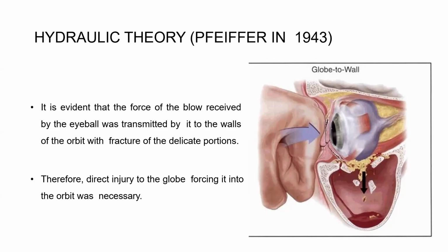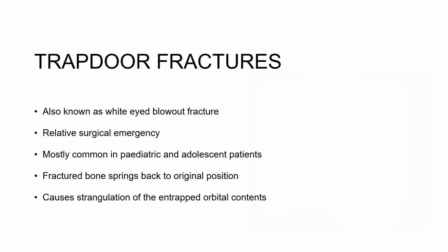Yes. When we consider the practical aspect of it, both theories work because there are fractures which are directed to the globe, and there are fractures which are directed to the orbit as well. The most important fractures which everybody needs to know are called trapdoor fractures or white-eyed blowout fractures.